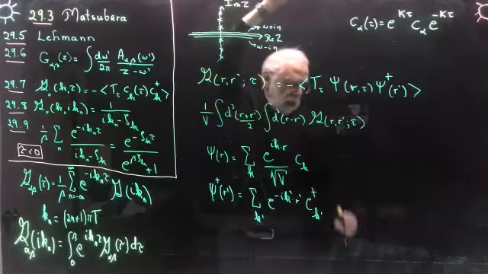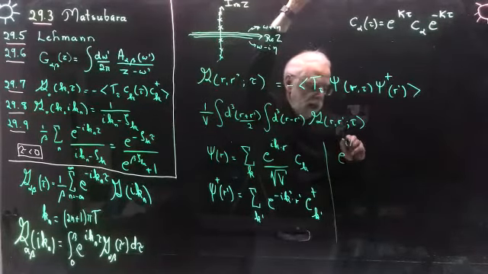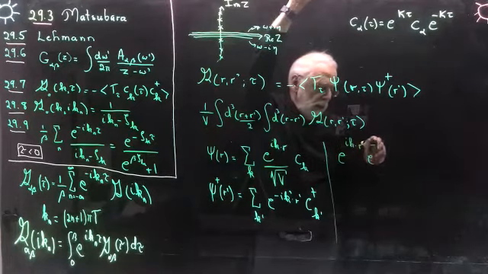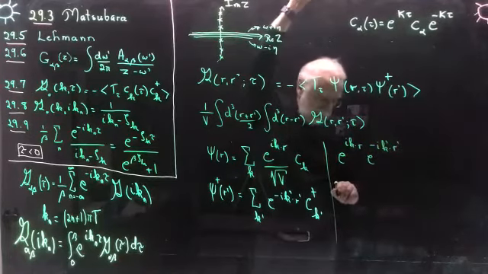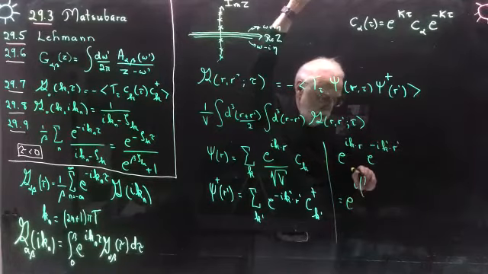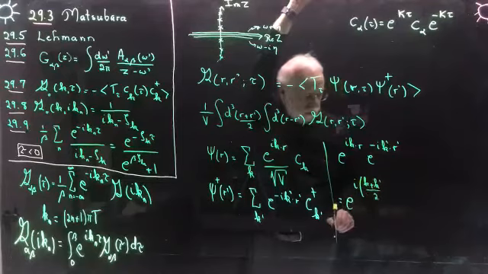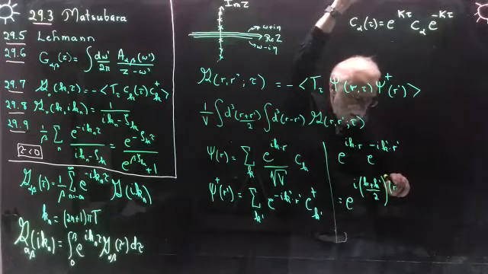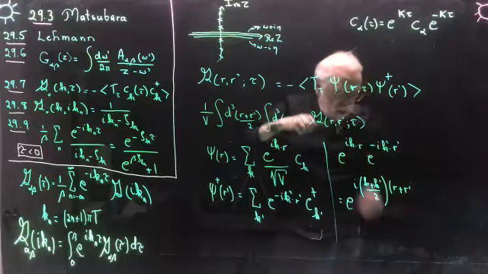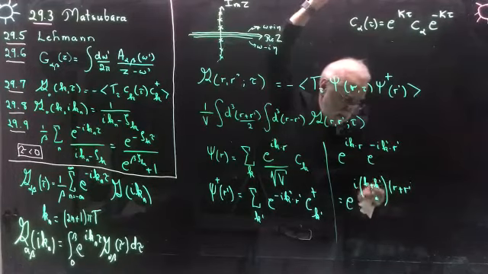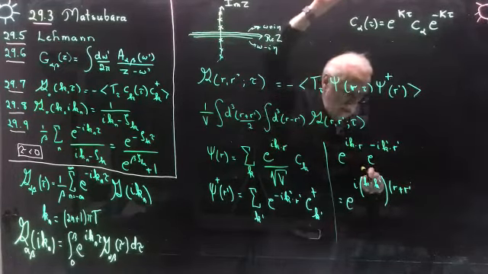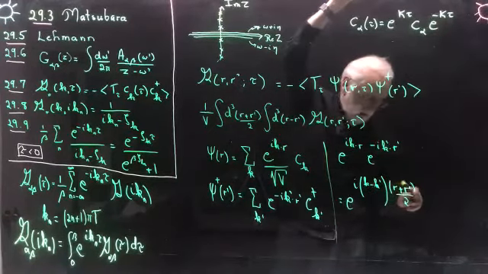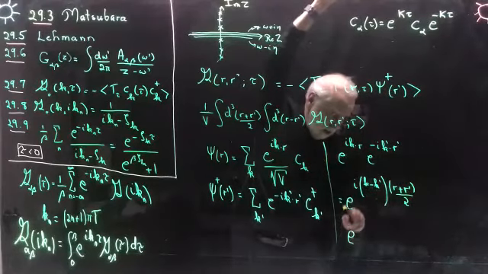And then you write e to the i k dot r times e to the minus i k prime dot r prime as e to the i (k plus k prime) over 2 times (r plus r prime) times e to the i (k minus k prime) over 2 times (r minus r prime).